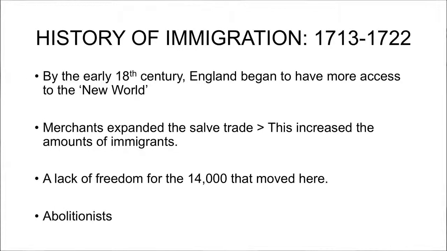By 1713 and 1722, England began to have more access to what we can call the New World. Merchants began to expand the slave trade, which I misspelled, and this increased the number of immigrants. By 1770, 14,000 black people were in the UK, but once again, they had no real freedom.